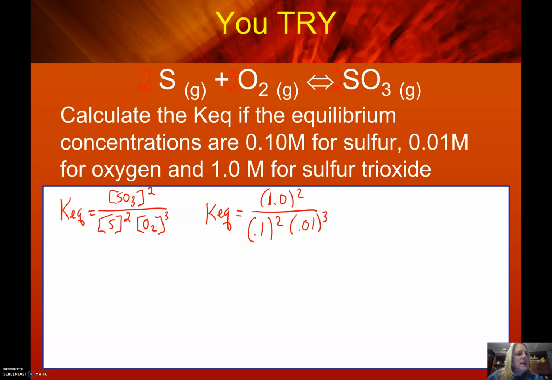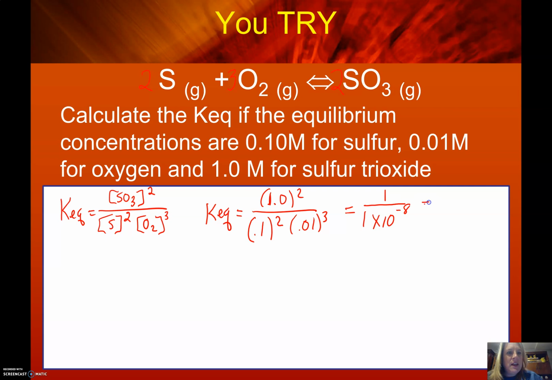All right, so now you guys got to do some math. Just cube and square those, and then on top now we have a 1, because 1 squared is just 1. On the bottom, when you square and cube that and then multiply them together, you get a really small number, 1 times 10 to the negative 8th.